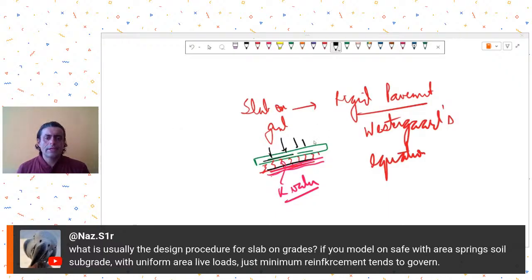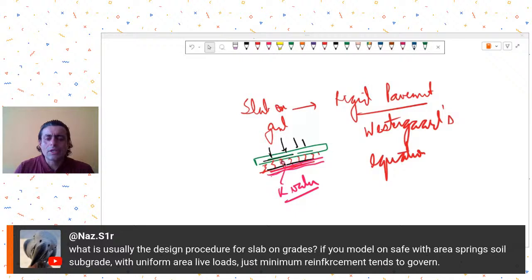So slab on grade design is similar to the Westergaard's equation. You could look for some documents that you can refer for slab on grade design. One of them is your British document, which is TR34. Okay, so there is this British document.